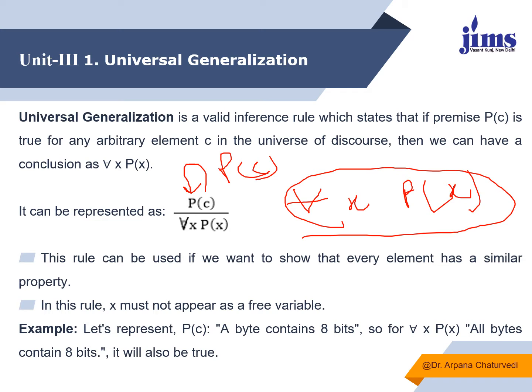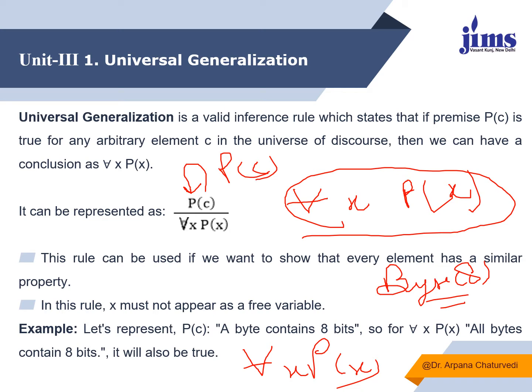For example, a byte contains 8 bits. One byte contains 8 bits. But whatever number of bytes there are, they will all contain 8 bits only. So we can represent it in a universal generalization form: for all x, if x is a byte, then x has 8 bits.